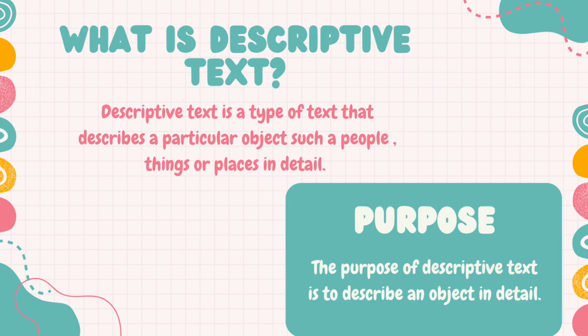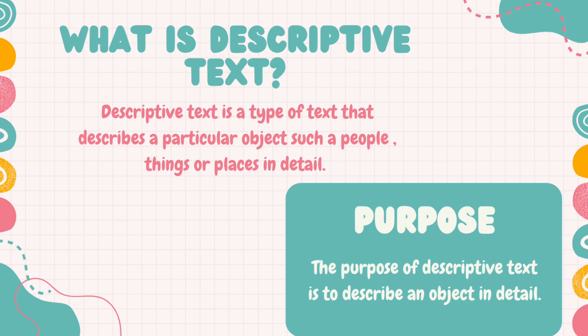So what is descriptive text? Descriptive means by describing. So descriptive text basically is a type of text that describes a particular object such as people, things, or places in detail. But in this 11th grade, we will only talk about the descriptive text about places.